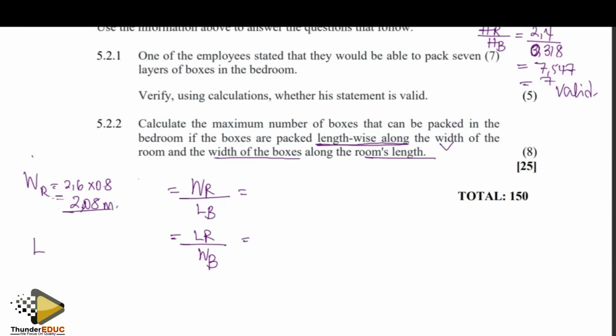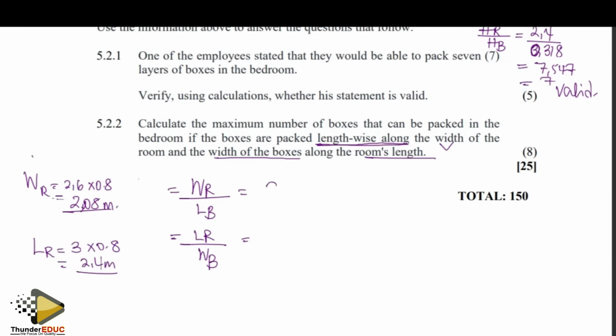Then what about the length of the room? They've told us it's 3. If it's reduced by 20%, you end up having 2.4 meters. You see that? Then the layers, we saw them already, they are 7.